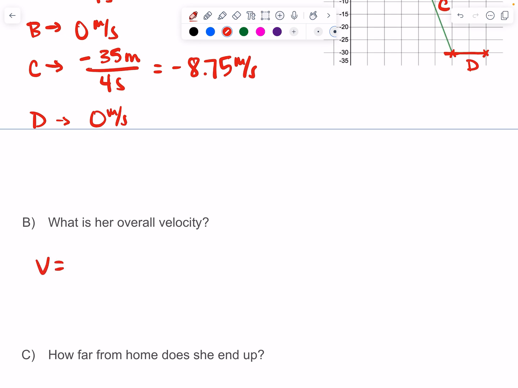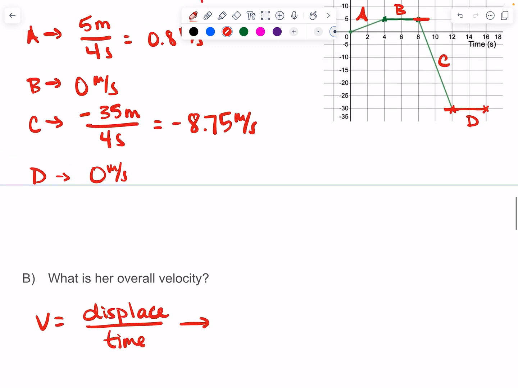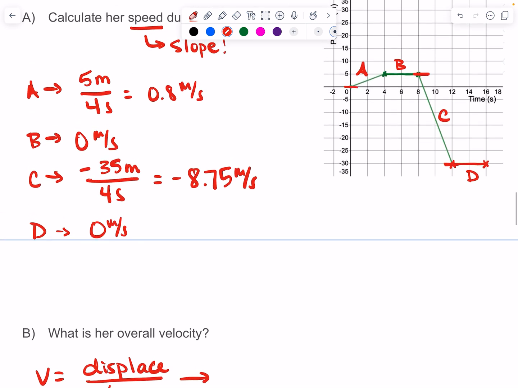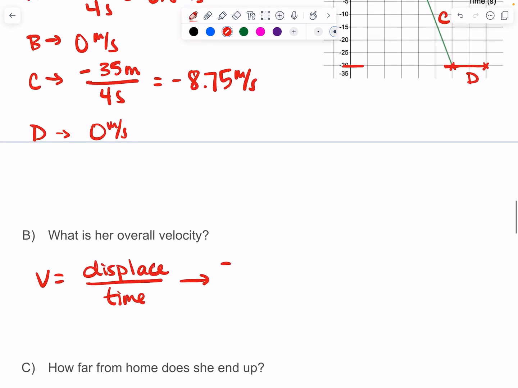Well, remember, velocity is displacement over time. So if she started at 0 and ended at negative 30, her overall displacement was negative 30 meters.